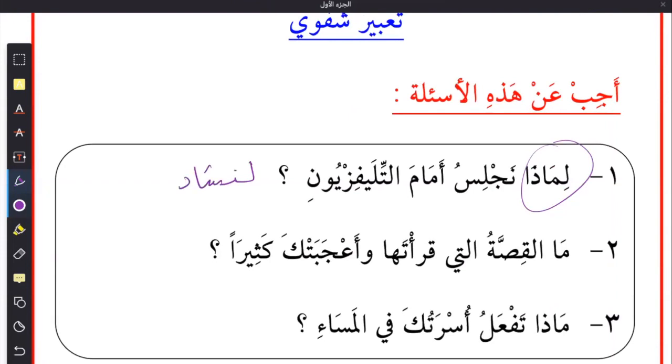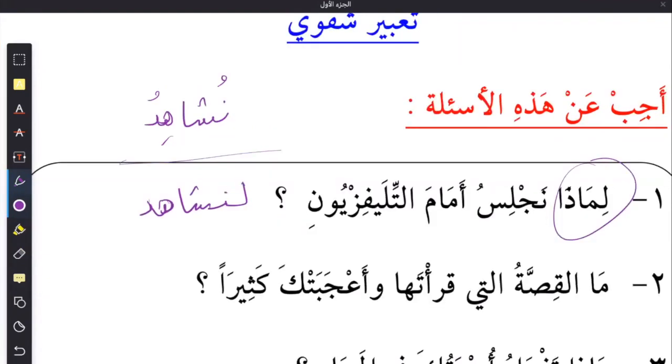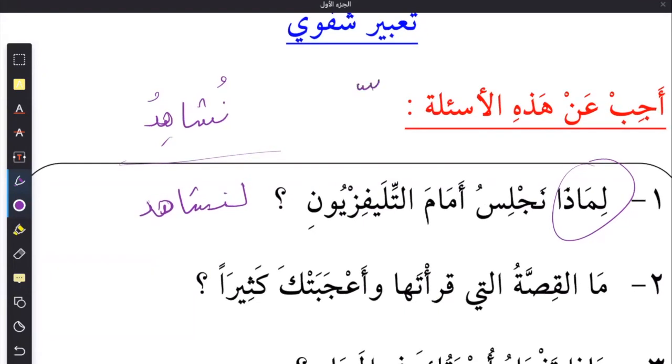لنشاهد. Here's the thing. نشاهد, what does نشاهد mean? Who can translate this word for me? شاهد يشاهد, to watch. So we are watching, yes. No, either testify and witness, this would be shahida. Shahida. But we have the verb shahada, which is to watch.